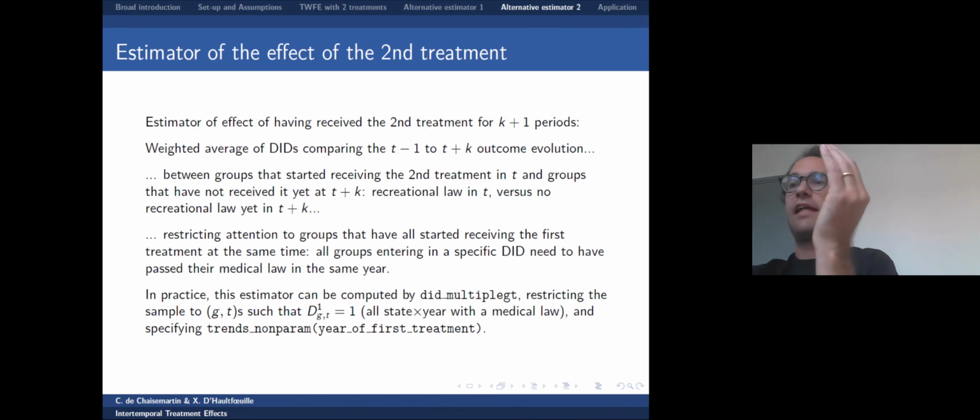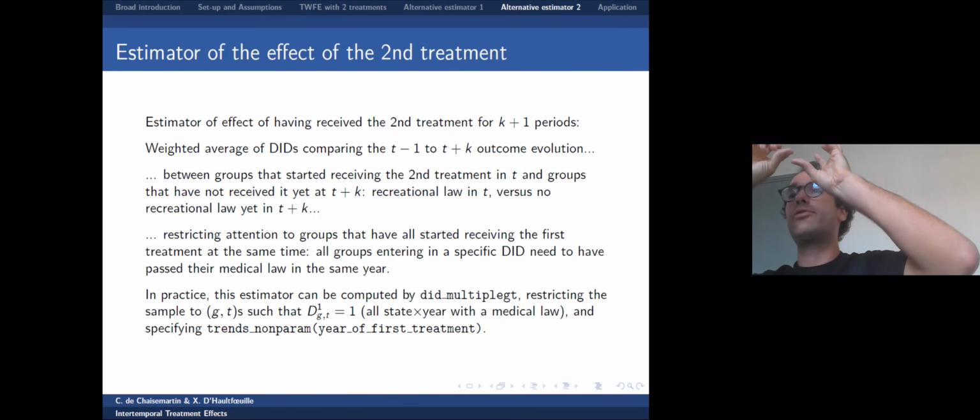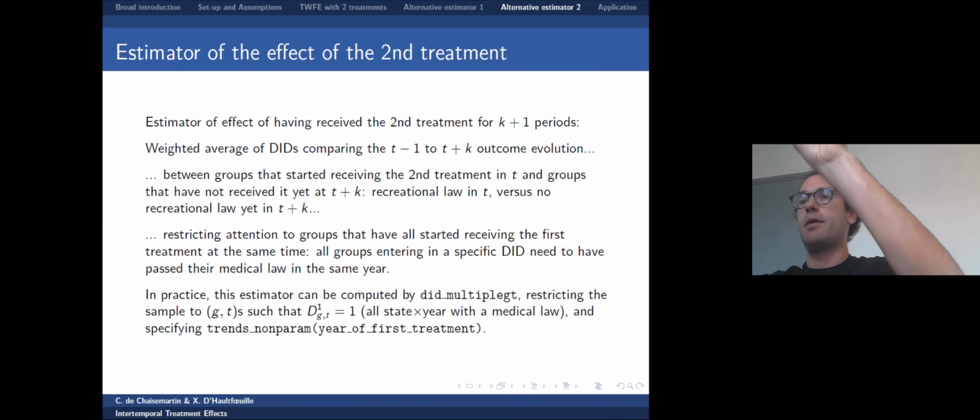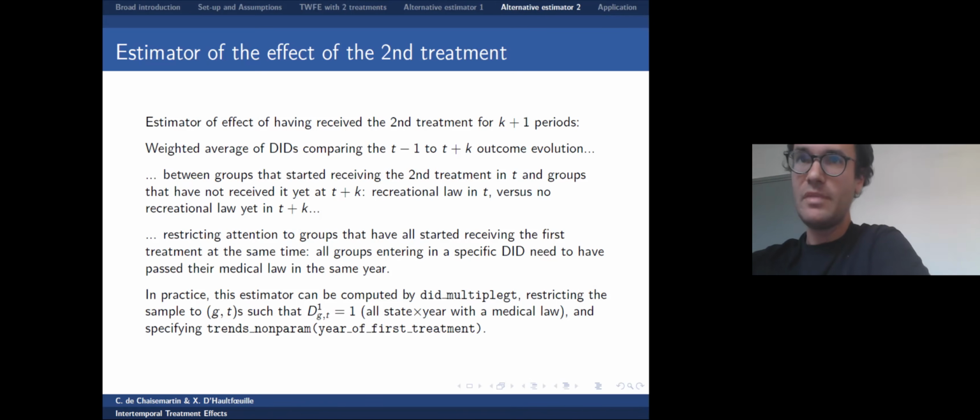And that ensures that in terms of the dynamic of the effect of the first treatment, they are going to be at the same moment of that dynamic, and then those controls are going to be valid controls under the assumptions we outlined.